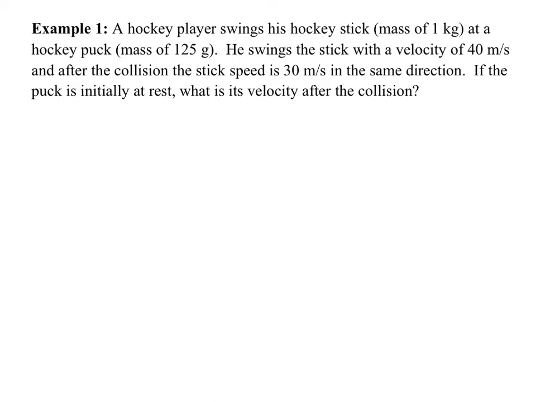It's because there's a transfer of some of the momentum in the hockey stick into the hockey puck. So you see the decreasing velocity of the hockey stick after the collision. Where does it go? It goes into the puck. It's what causes the puck to accelerate and then move with a given velocity after that collision. The collision takes place during a given time interval, and then after the collision, it has a given velocity.